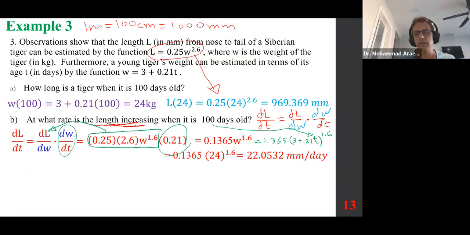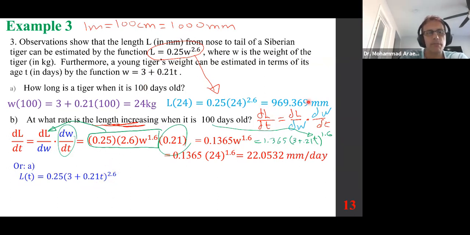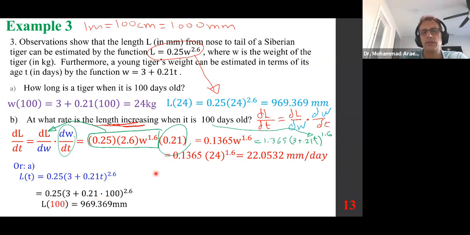The second method is to find the composite function. L is a function of W, so replace the W with what is given, 3 plus 0.21t, so 0.25 times this function to the power of 2.6. Do that. Now, if you replace this t with 100, you get the same answer as you got here. And now if you want to differentiate this, how do you differentiate this?